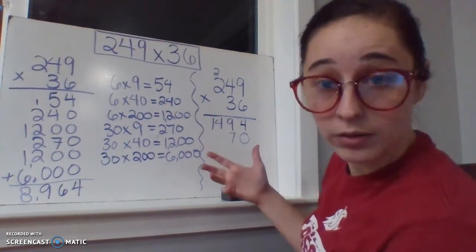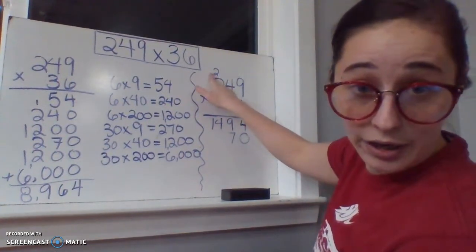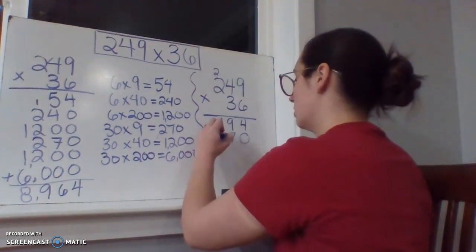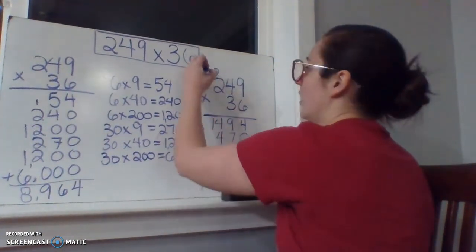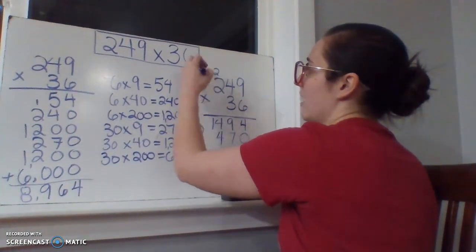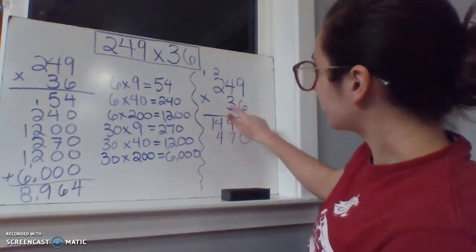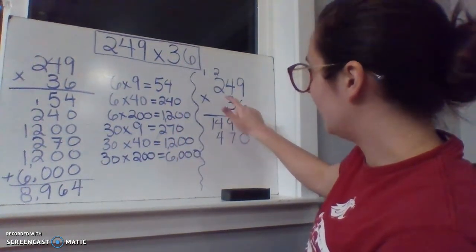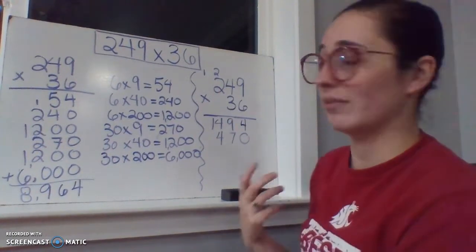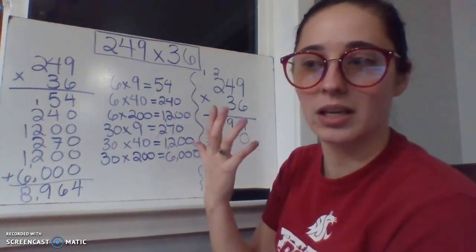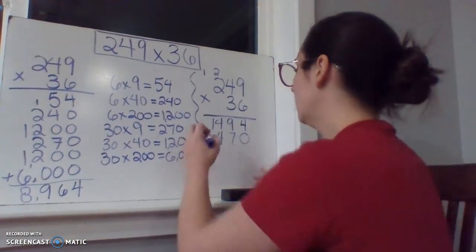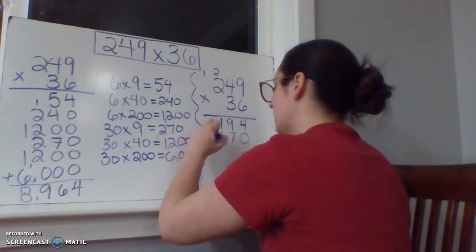I'm going to get 12 plus the 2 that I carried over, so that'll give me 14. I'm going to put the 4 there. And then I don't have anything here in the thousands place, but I still got to carry that 1. So now I'm going to do 3 times 2. That will give me 6 plus the 1 that I carried over. That will give me 7.